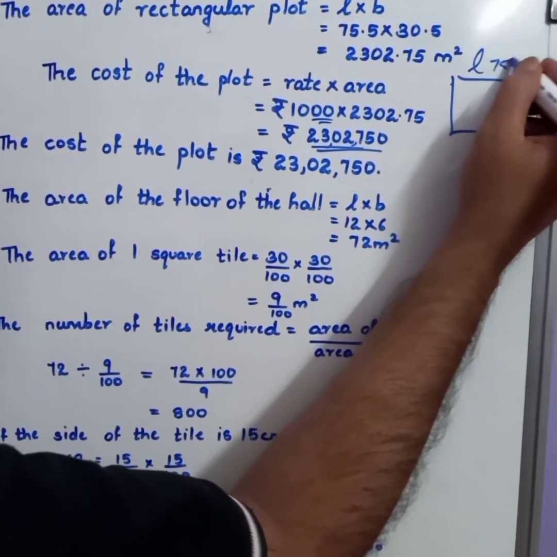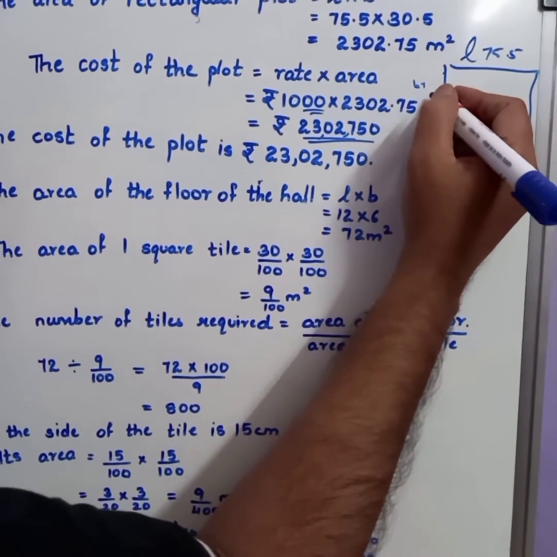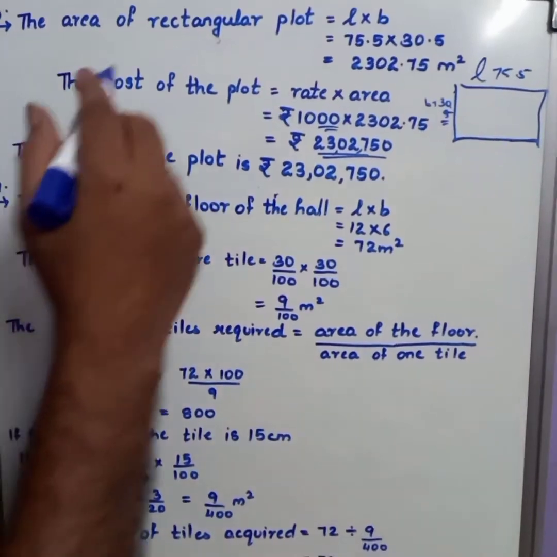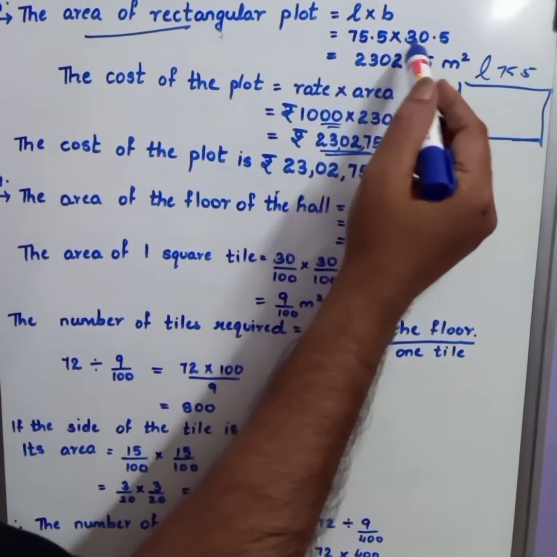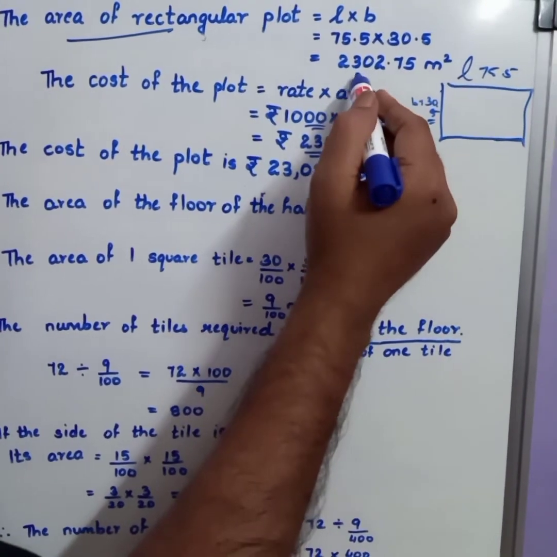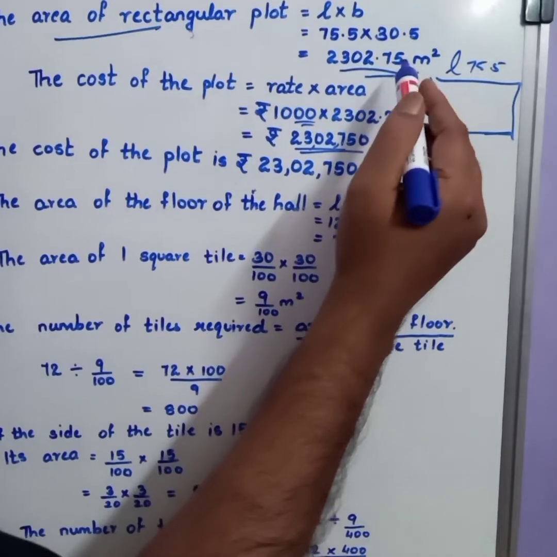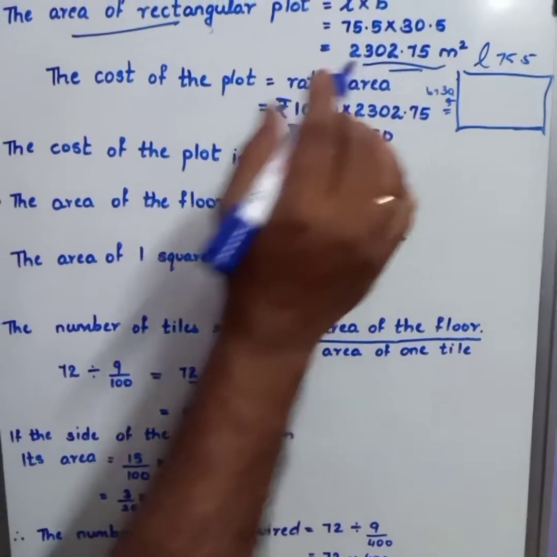Length is 75.5 and breadth is 30.5. So what is the area of a rectangle? Length into breadth. So it is 75.5 into 30.5. That comes up to 2302.75 meters square. Now we got to know the total area.